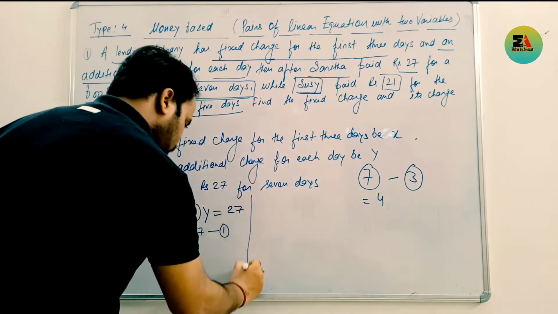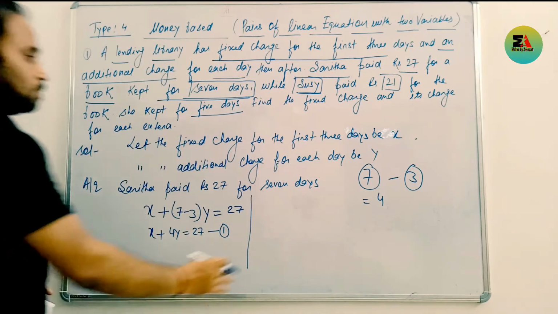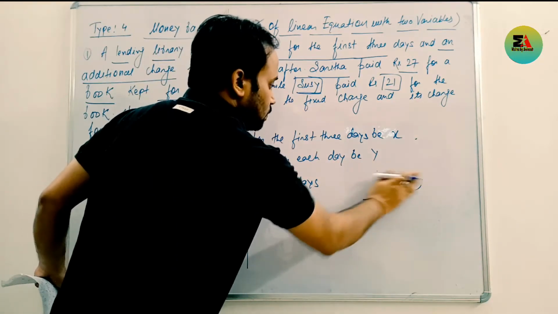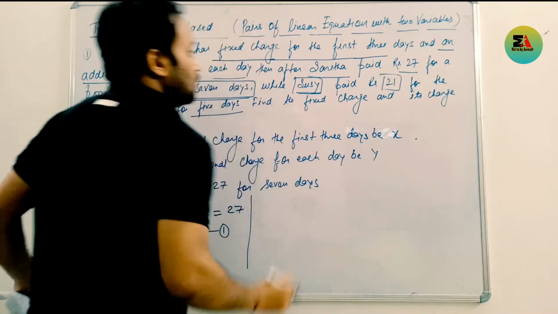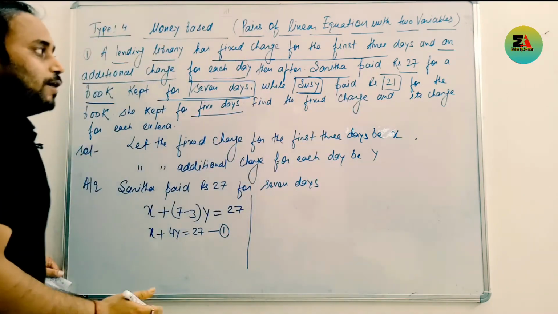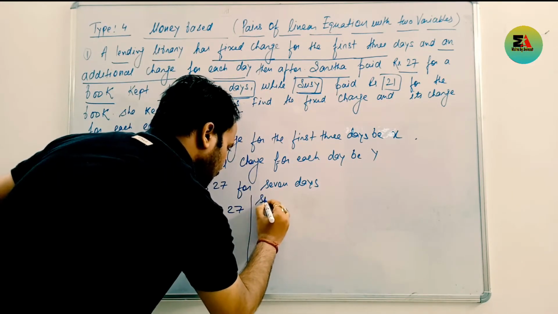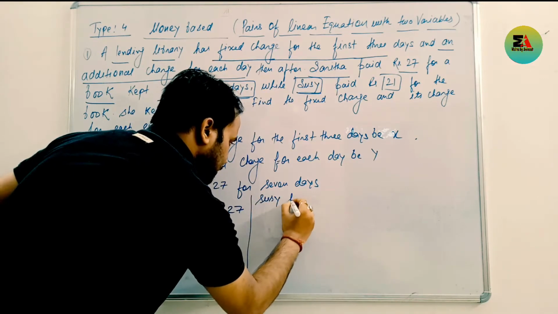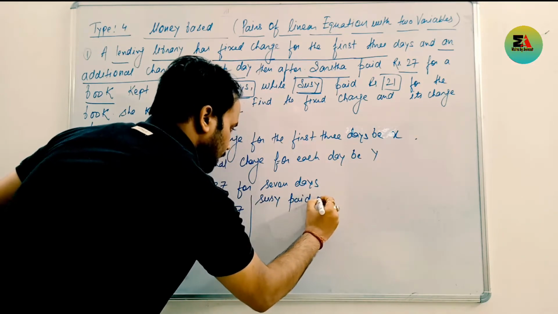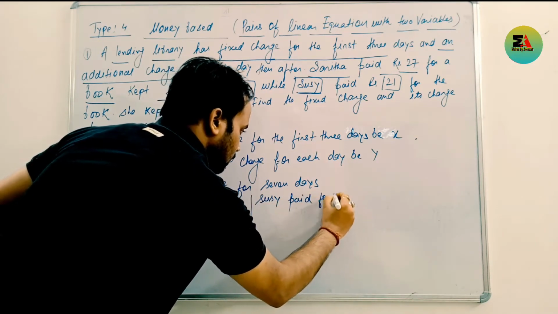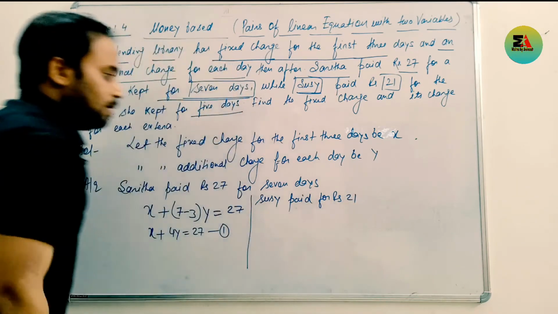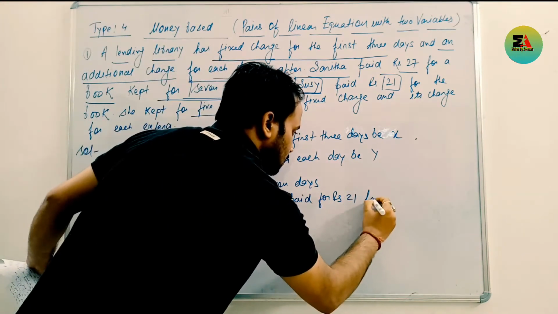Now in case 2, similarly, Sushi paid 21 rupees. First you write here, Sushi paid 21 rupees for how many days?